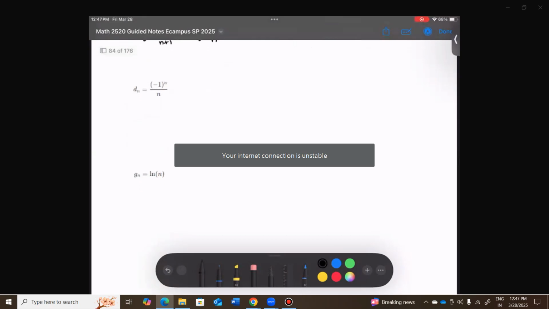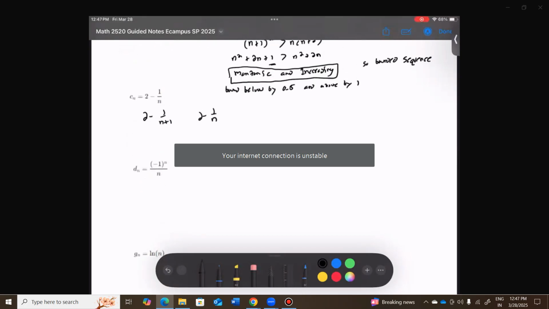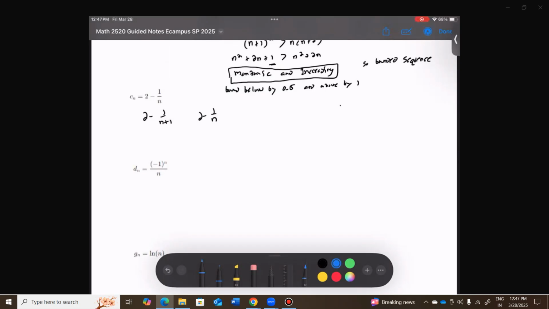So for example, let's look at it this way. 2 minus 1 over 2 is 1.5. 2 minus 1 over 3 is 1.67. Right, so as n increases, this is going to be greater than 2 minus 1 over n.